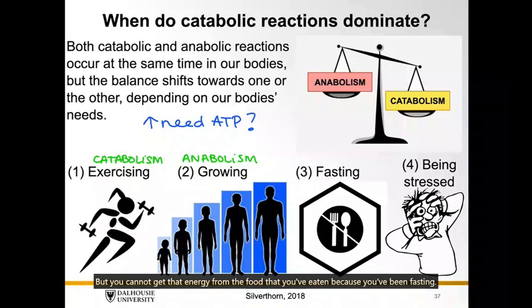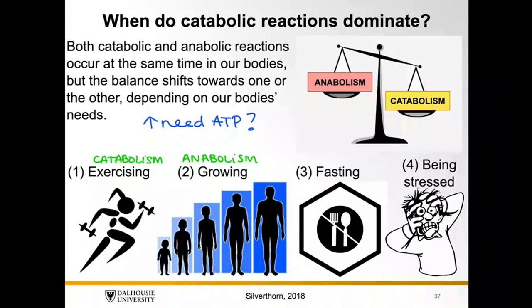But you cannot get that energy from the food that you've eaten because you've been fasting. So what does our body do? It's going to go into our stores. So our stores are carbohydrates and our stores of lipids in our body. And it's going to start breaking down those chemical bonds in order to produce the ATP that we need. So that's the definition of catabolism.